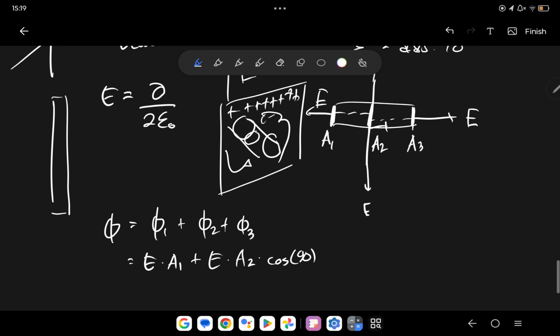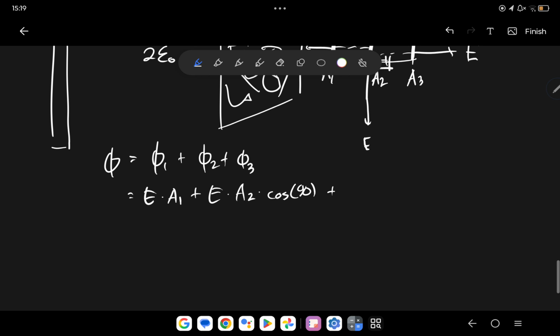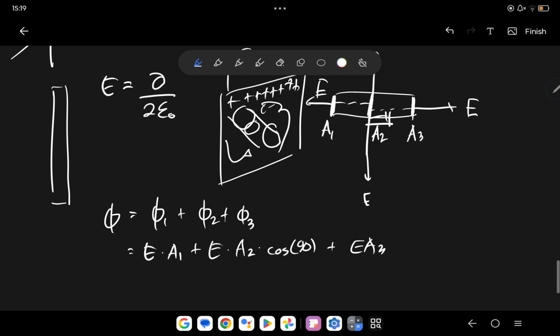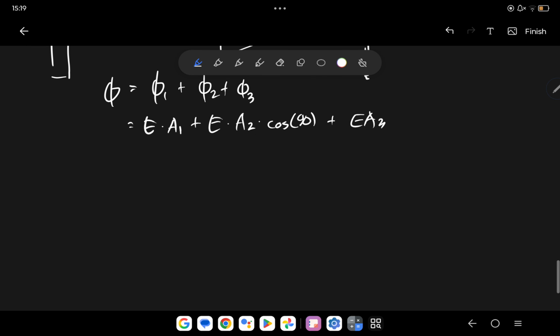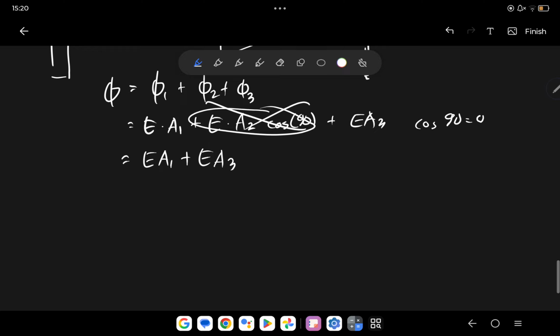If we want to make it perpendicular, we have to multiply it by cosine of this angle, which is 90, and plus EA3, which is already perpendicular, so that's fine. So we get EA1 plus EA3. This turns to 0 because cosine 90 is 0. And we need to remember that A1 is equal to A3. So the total flux will equal 2EA.